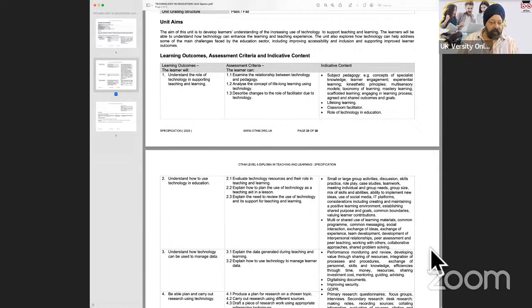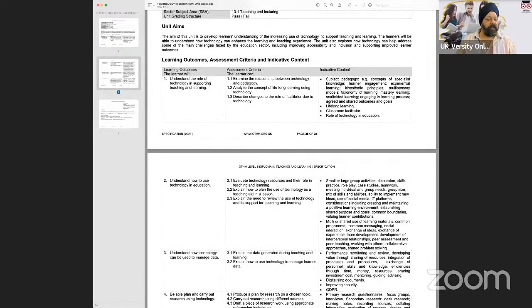We also discussed the pedagogical approach to technology in learning outcome 1, and how it is related to self-managed learning or lifelong learning, and how technology can be a facilitator in helping us teach and deliver, create more engaging classrooms, and inclusive teaching within the classroom or online.